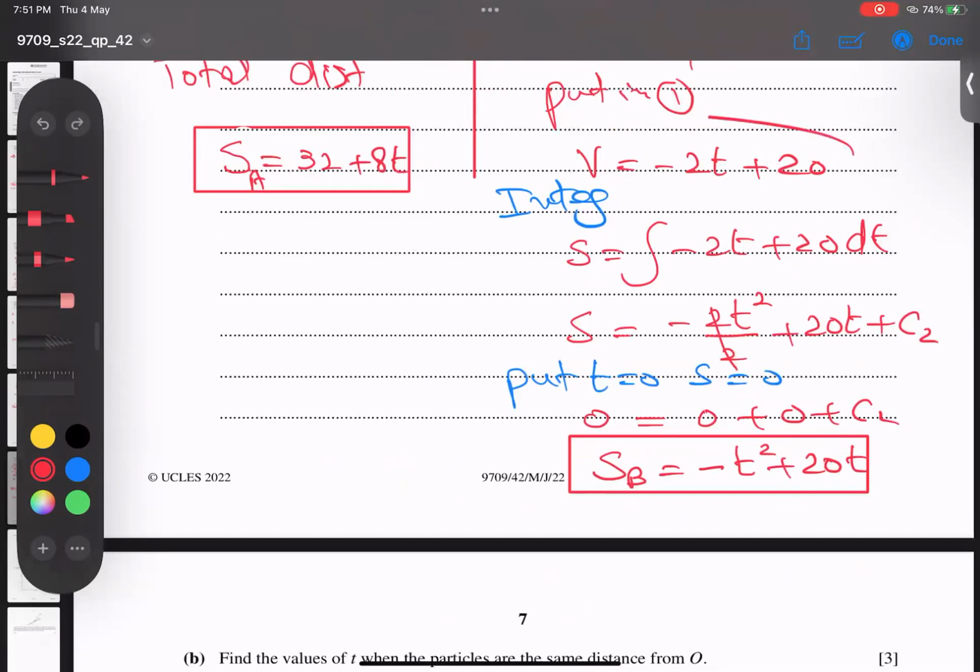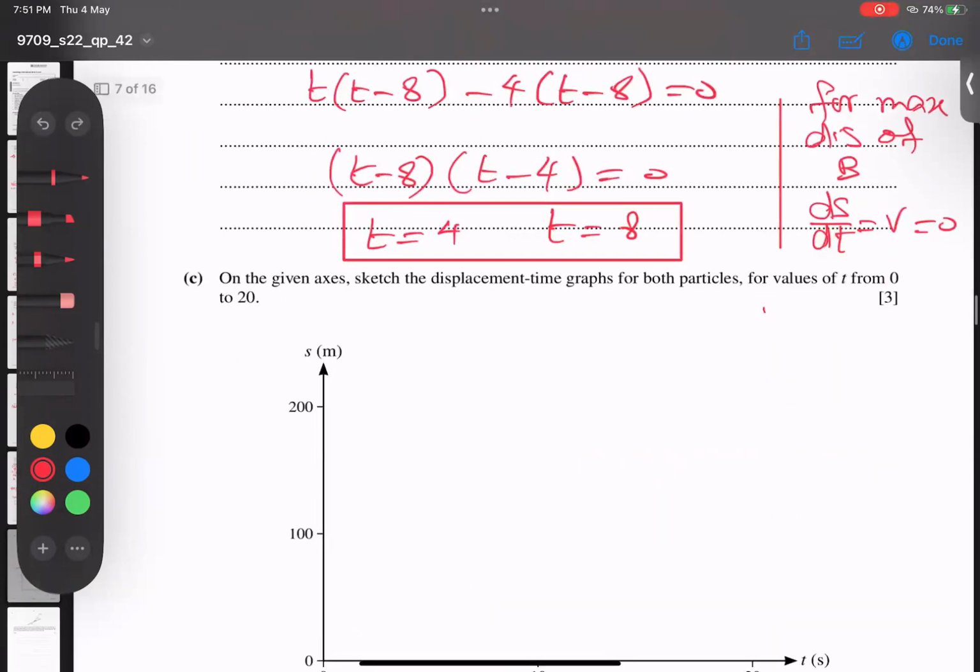Note down please: v = -2t + 20. I will plug in velocity 0, students. When I plug in 0 here, t becomes 10 seconds. It means at 10 seconds it has a maximum velocity.